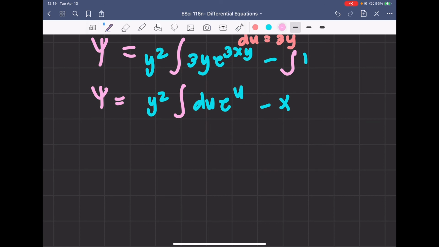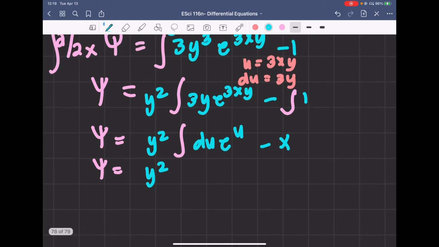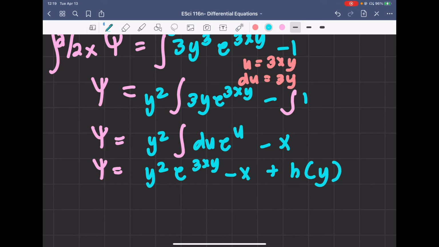Therefore, our psi is equal to y squared, so the integral of e^u du is simply e^u. So our e^u is e raised to the power of 3xy minus x. And don't forget our function h of y.